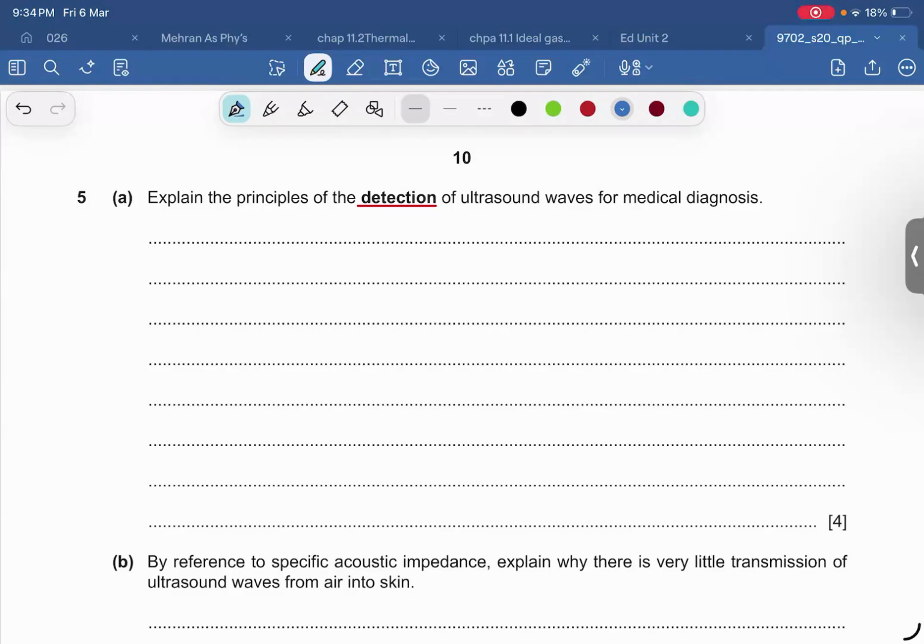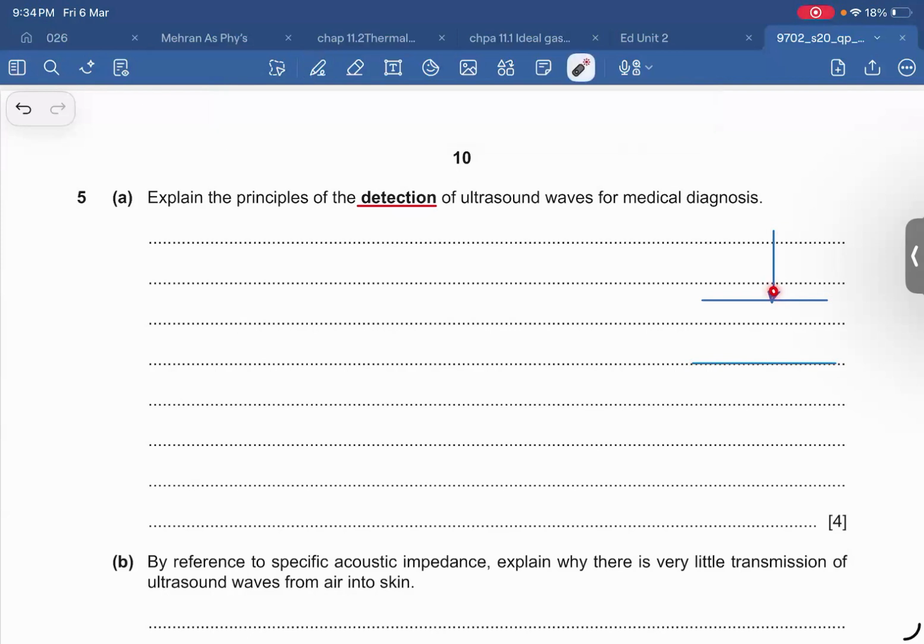In detection, imagine that you have this surface and you're sending the ultrasound pulse in, and there's another thing inside the surface, right? Some of the ultrasound that gets transmitted in will get reflected from the end and get back onto the detector.